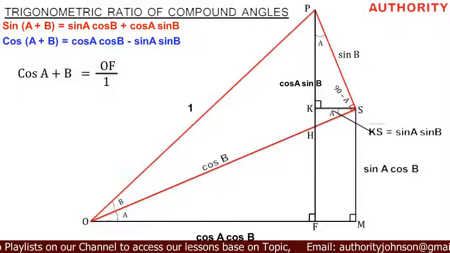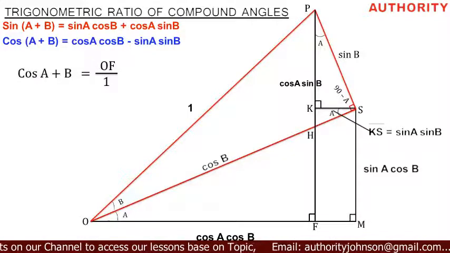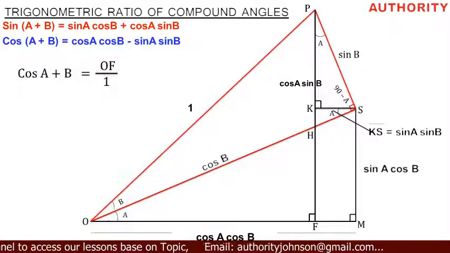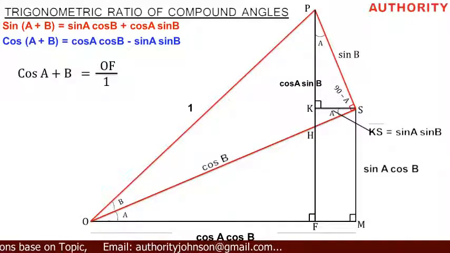So cos A plus B is equal to OF all over 1. What is our OF? We don't know, but we know that line OM is cos A cos B.